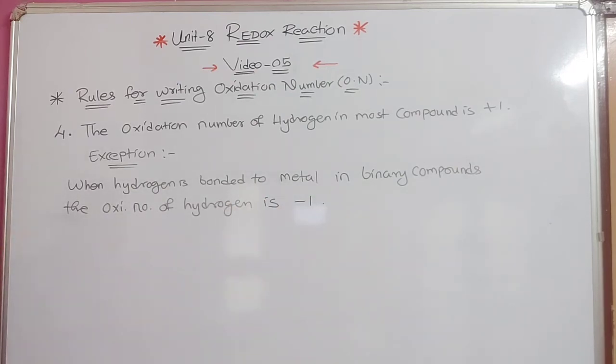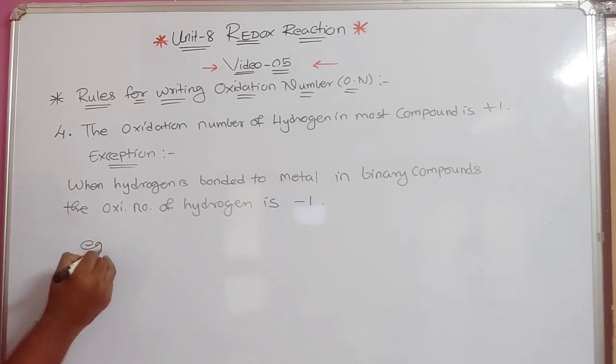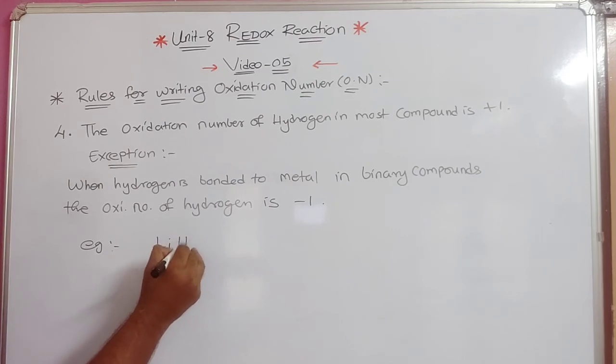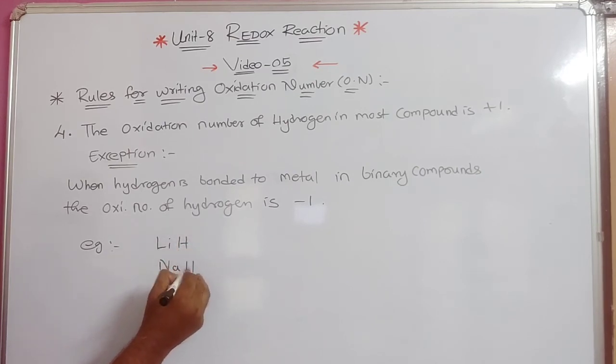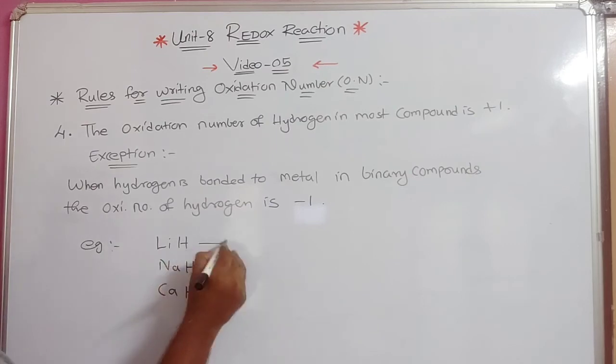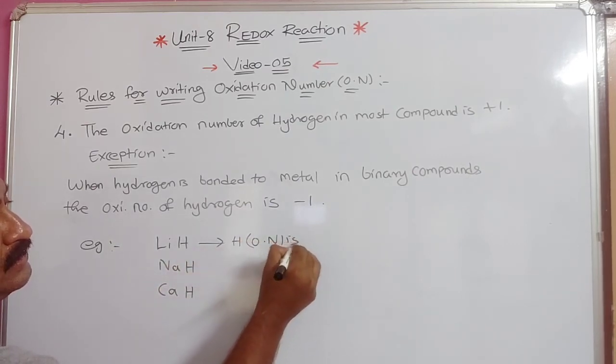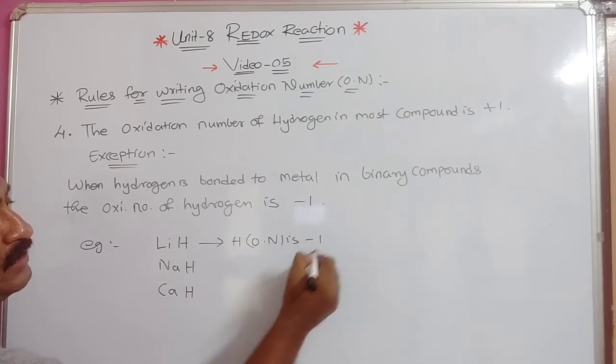For that we will just go through a few examples. Example number 1: lithium hydride, sodium hydride, and calcium hydride, CaH2. Understood? So in all these cases, hydrogen oxidation number is -1.